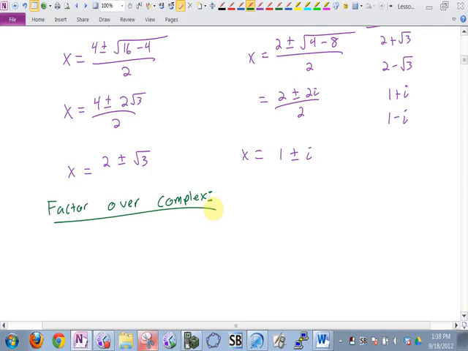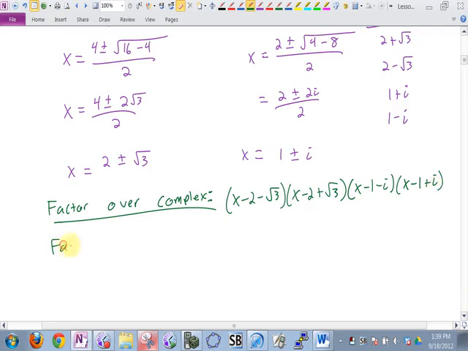You'd be writing down 4, and they would all be linear. Whenever you're factoring over the set of complex numbers, you literally have one linear factor for each of the zeros, no matter if they are rational, irrational, or imaginary. So that would be x minus 2 minus radical 3, x minus 2 plus radical 3, x minus 1 minus i, and x minus 1 plus i. Agreed?